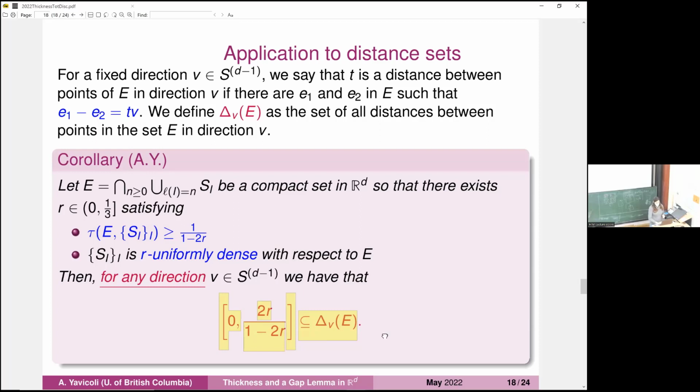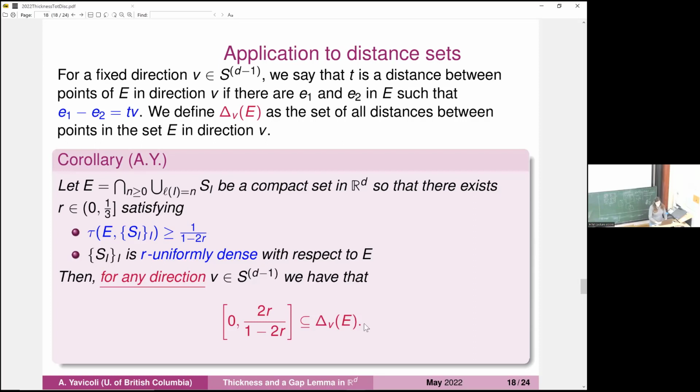And here I want to comment that we know that if a set has large thickness, then it has large Hausdorff dimension. And by a result by Mattila and Sjölin, I don't know the pronunciation, I'm writing it for that reason, we know that the distance set contains an interval.